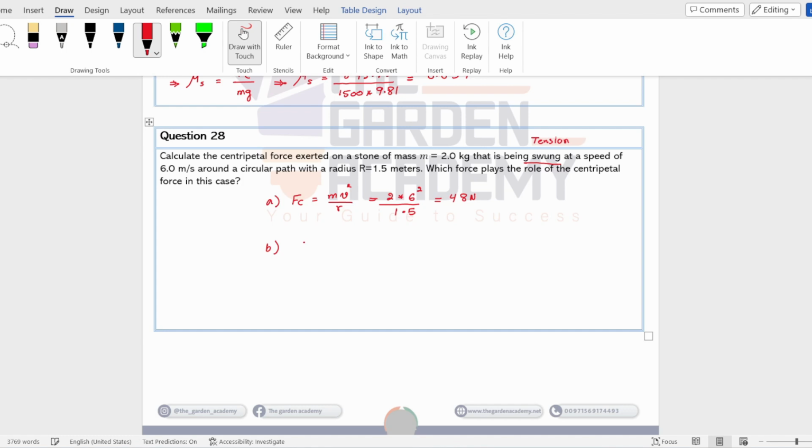So the centripetal force here is equal to the tension force, which is equal to 48 newtons. This is tension force. And the direction will be towards the center of rotation, always towards the center of rotation.